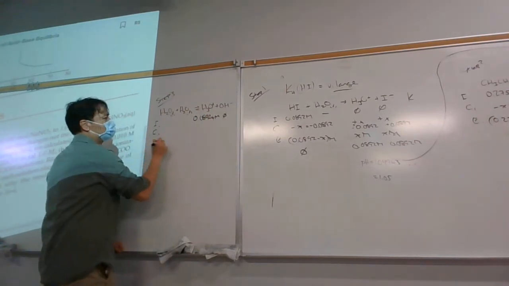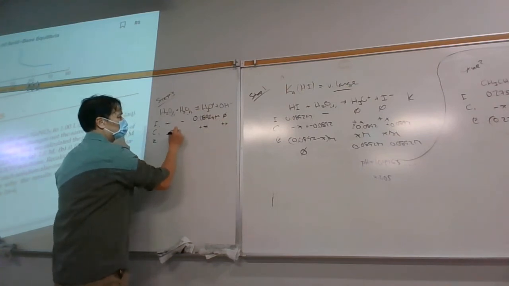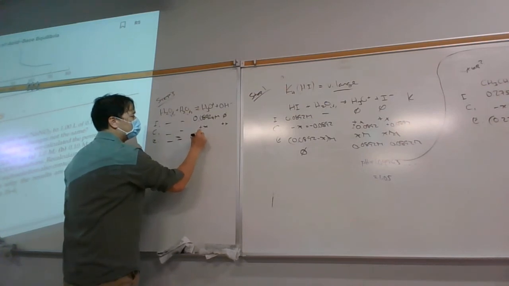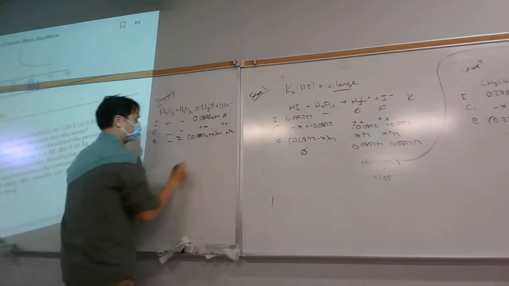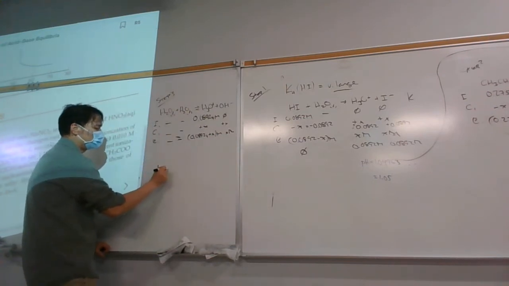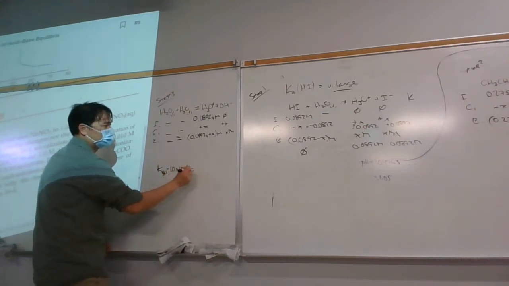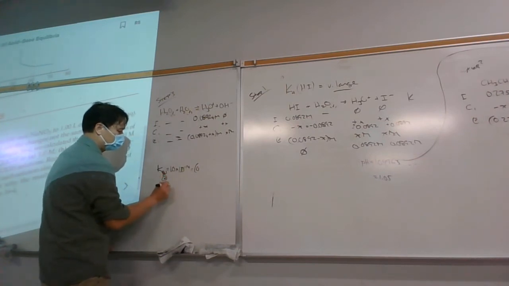So the change here is going to be plus X, plus X. And so we'll get 0.08924 plus X molar and X molar. Now K for this, which is KW, is 1.0 times 10 to the negative 14, which everybody should memorize at 25 degrees C. It's useful.